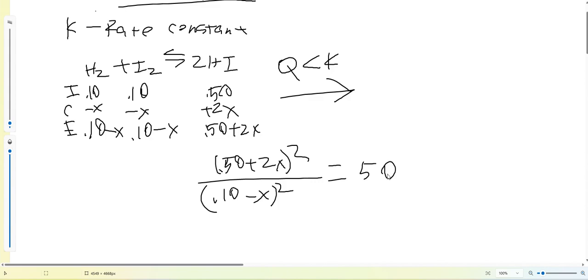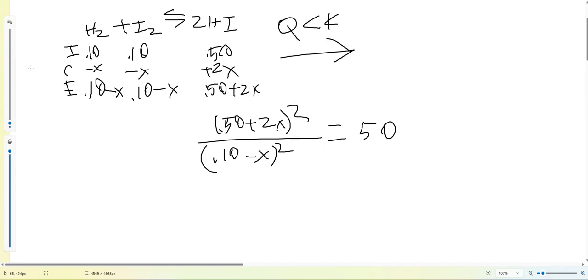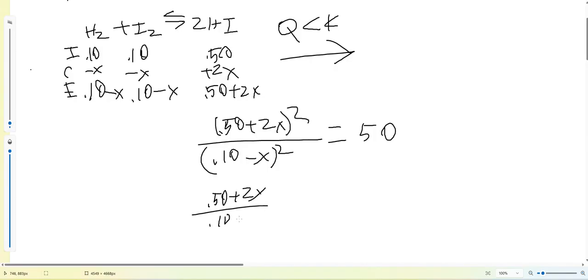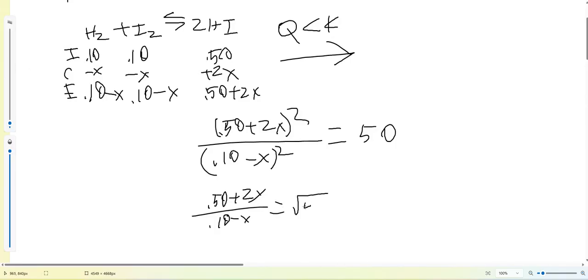So, a little mathematical trick here, we can square root both sides to get this into a linear form. 0.50 plus 2x over 0.10 minus x is equal to root 50.